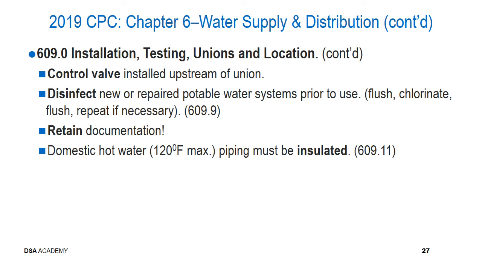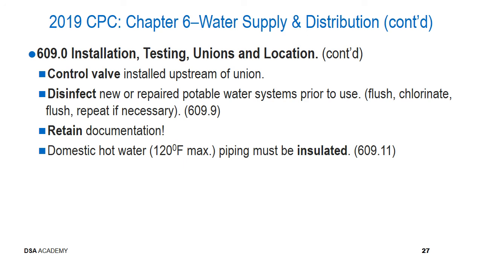Obviously, it's extremely important, again, since these types of things are done by others, that the product inspector obtains and retains the documentation which verifies the pressure testing and also the disinfection of the water lines themselves. And this information will be filed in the appropriate folder in your job file for the project.